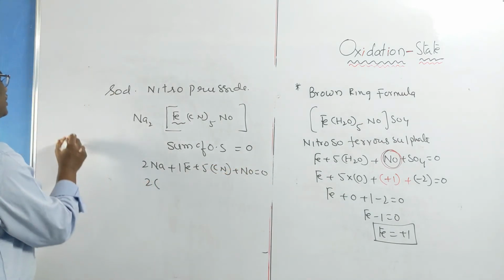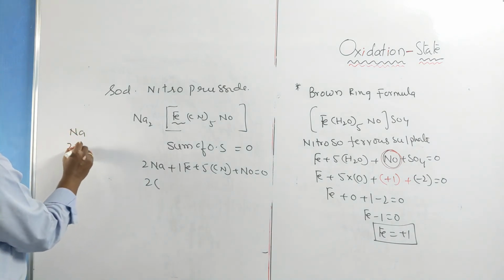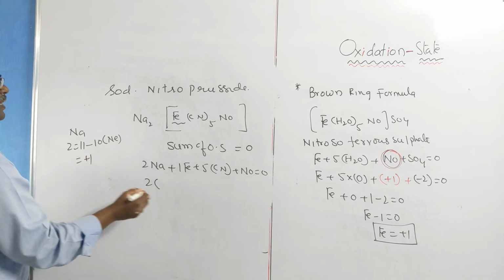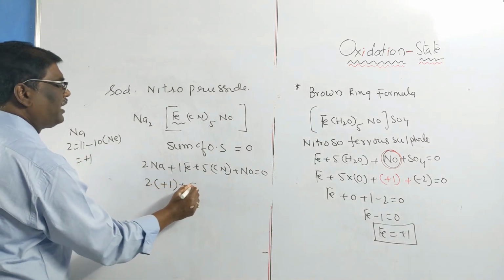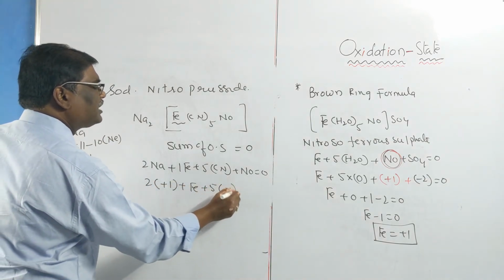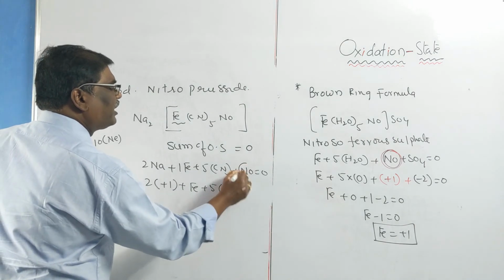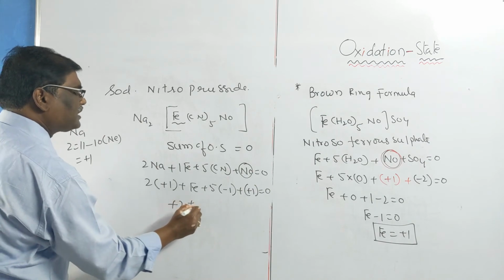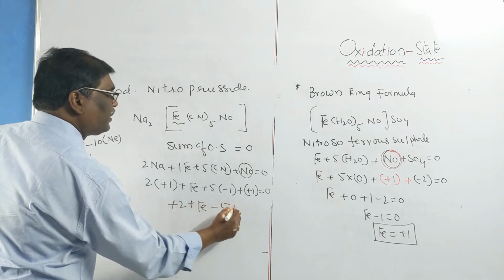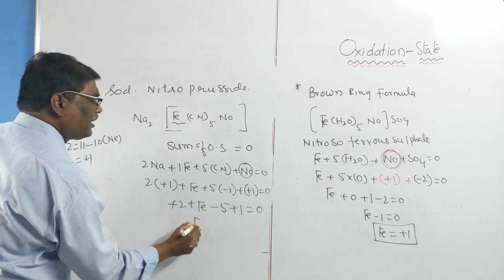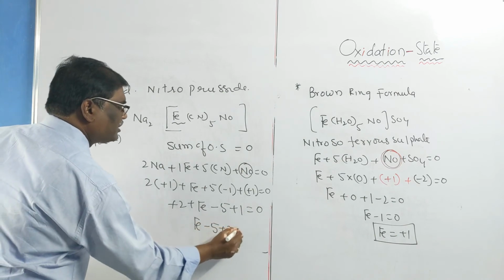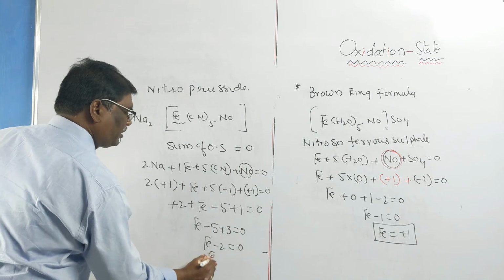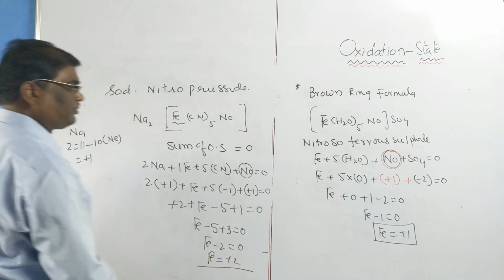So 2 into sodium, atomic number is 11, nearest inert gas neon 10, the difference is plus 1, plus iron plus 5 into minus 1. I told you for NO we are taking plus 1 oxidation state, so plus 2 plus iron minus 5 plus 1 equal to 0, iron minus 5 plus 3 equal to 0, iron minus 2 equal to 0. Thus iron oxidation state in this case is plus 2.